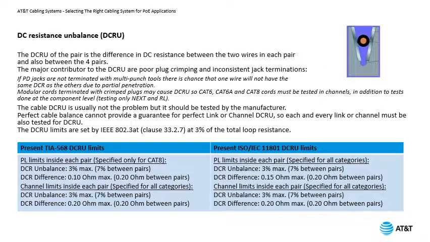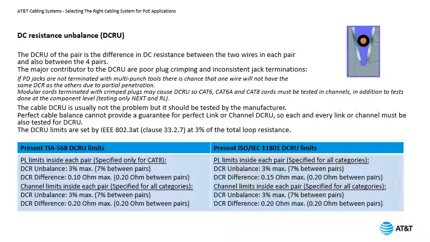The DC resistance imbalance of any pair is the difference in DC resistance between the two wires in each pair, and between pairs it is the difference between the DC resistance for all four pairs. Why it is very important to monitor it and know what it is, we are going to discuss in the next slide.